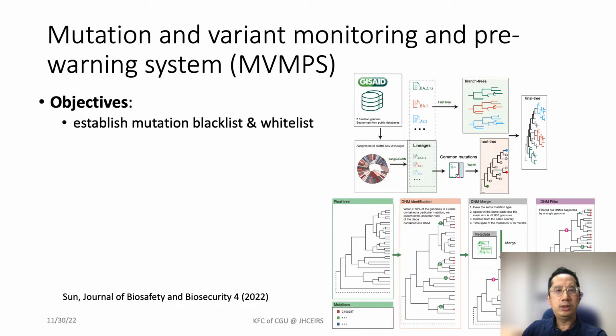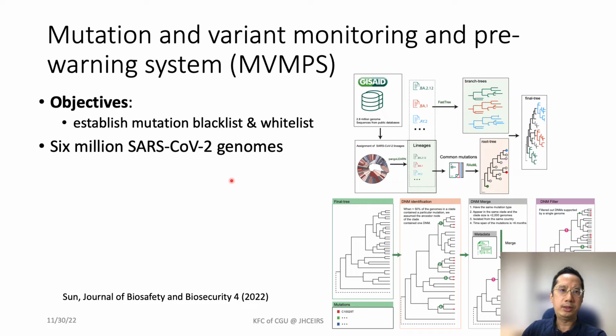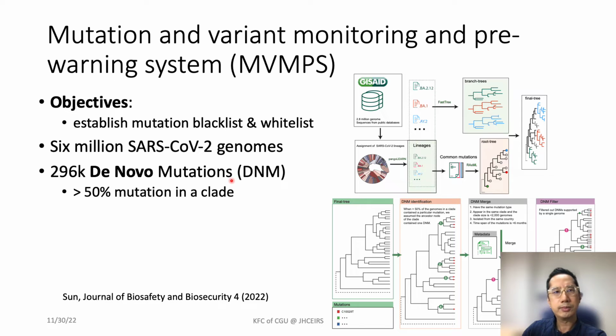And the Chinese researchers also developed their own system called the Mutation and Variance Monitoring and Pre-warning System. The objective is very Chinese, I would say. They hope to establish a mutation blacklist and whitelist. In this study, they also used a large database containing 6 million SARS-CoV-2 genomes.